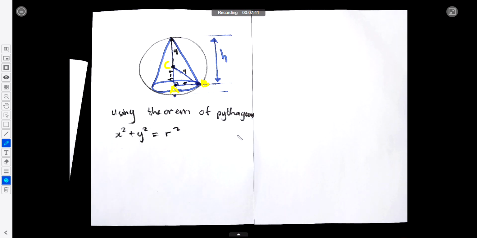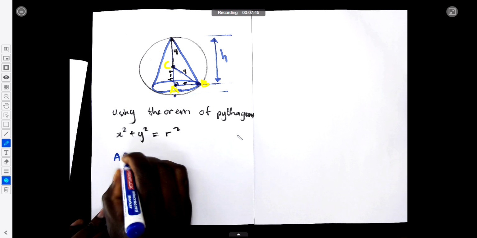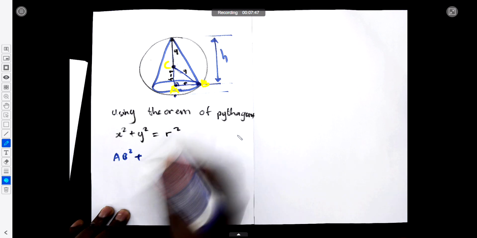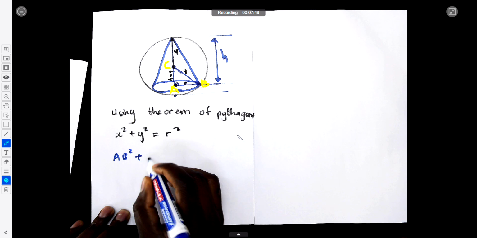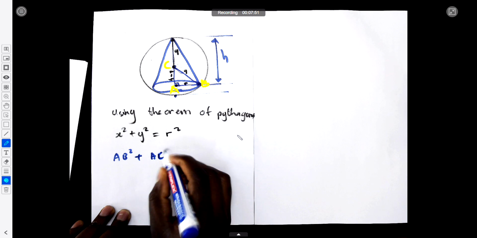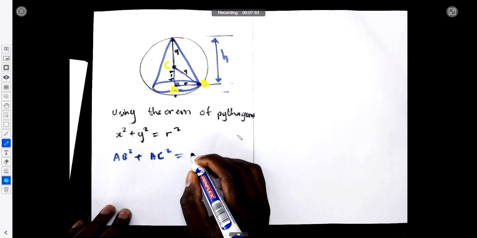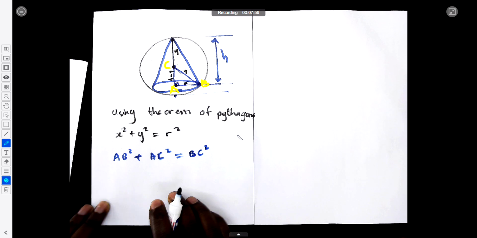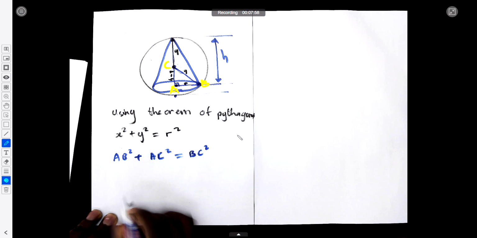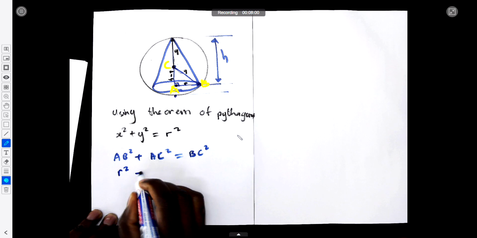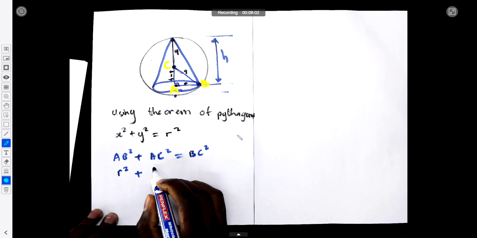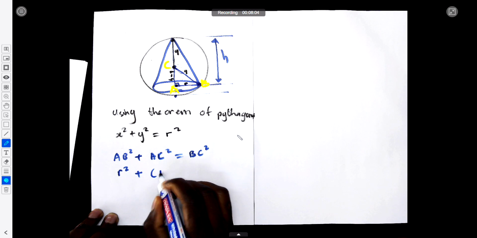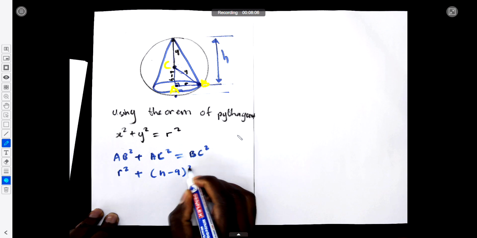Let me use these alphabets that I chose. So AB squared plus AC squared equals BC squared. We substitute AB, which is r, squared, plus AC, which is h minus 9, all squared.